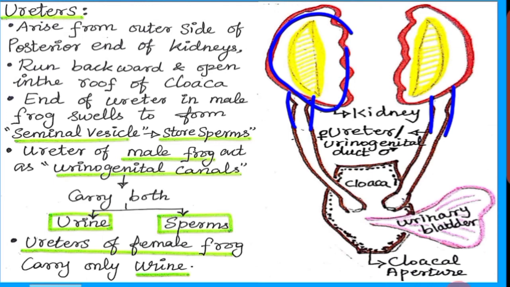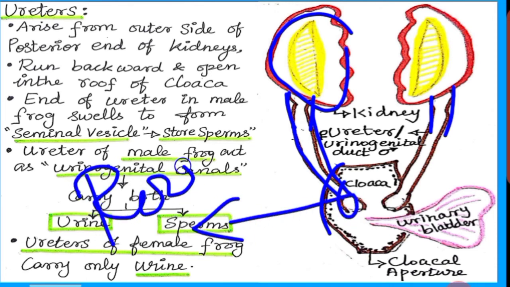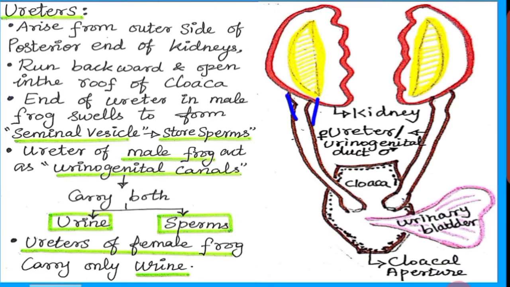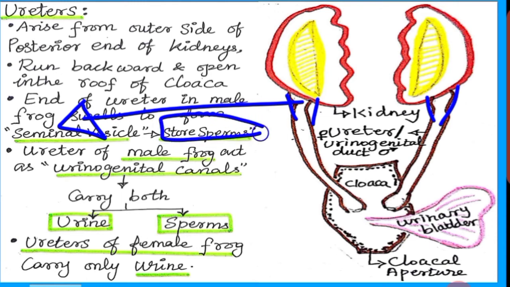Then the ureter runs backward and opens in the roof of the cloaca. This is actually the roof of the cloaca. Right? This is the upper end of the ureter. The upper end of the ureter in male frog gets swollen. That is named the seminal vesicle. What is the purpose of the seminal vesicle? To store the sperms.